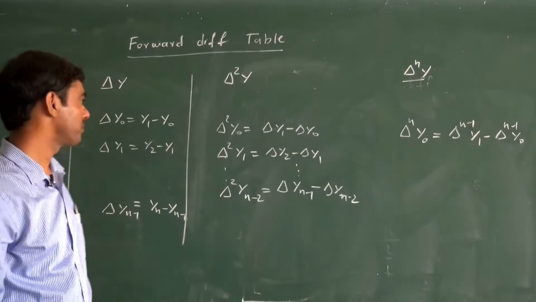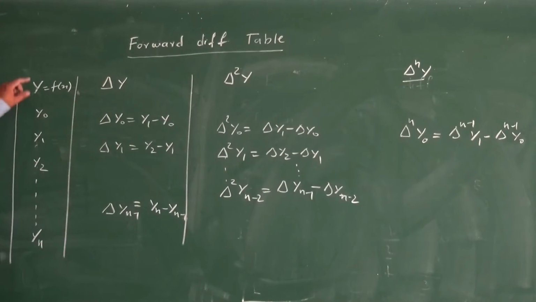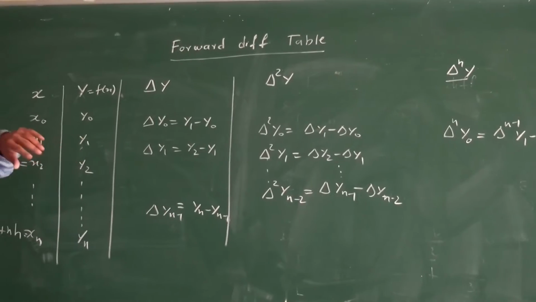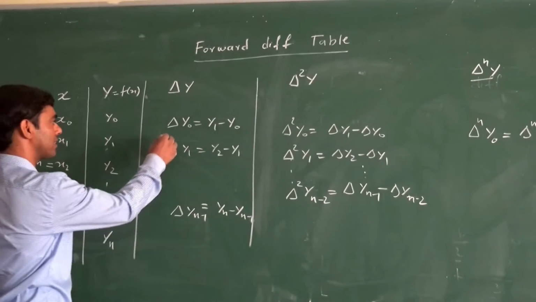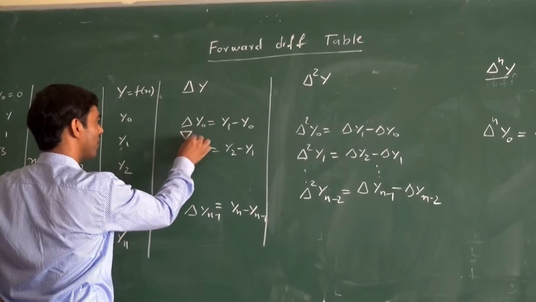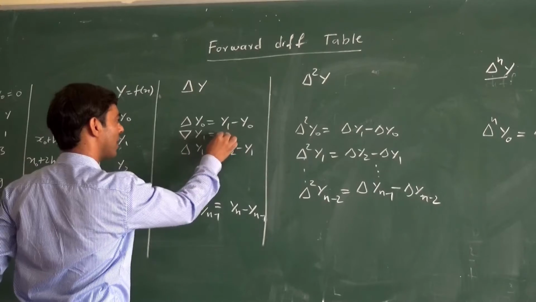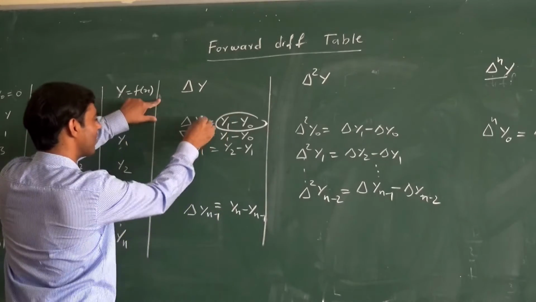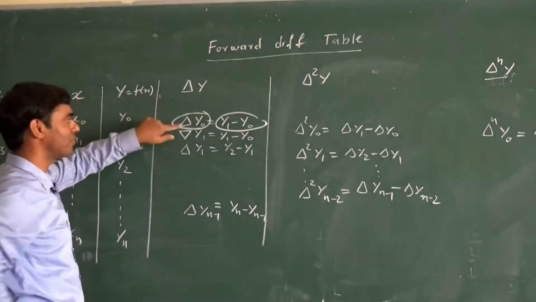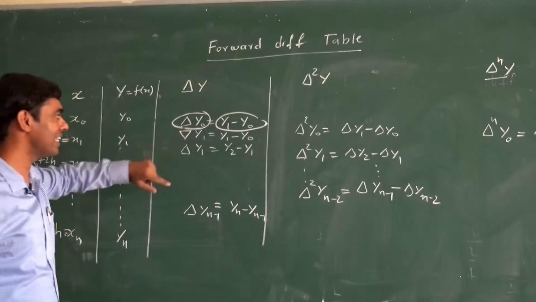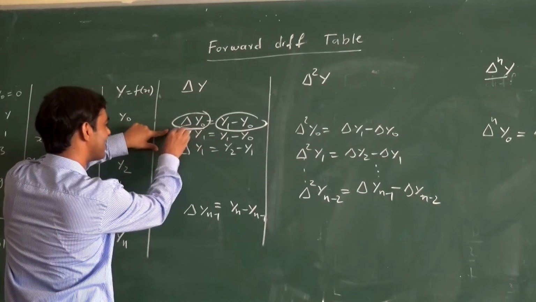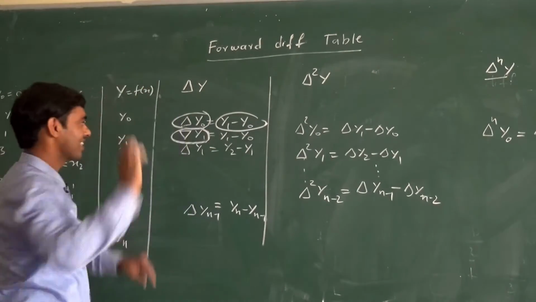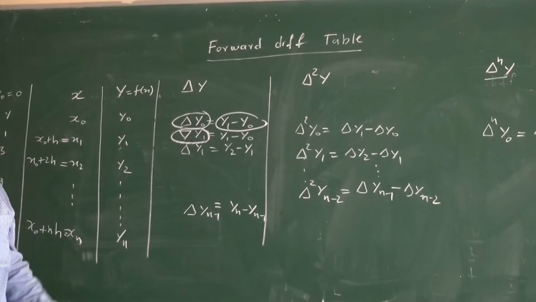Because always, what will happen in a backward difference operator? Del y1 becomes y1 minus y0. Here we write this one as del y0 in terms of a forward difference operator, but in terms of a backward difference operator we write it as backward difference y1.